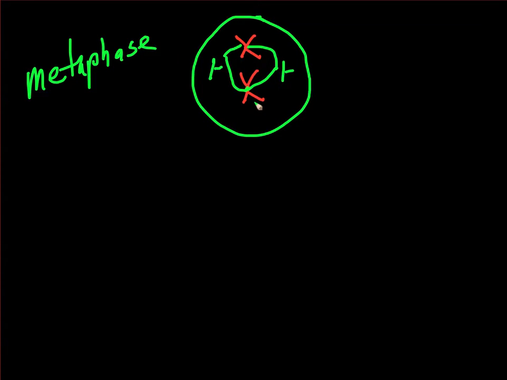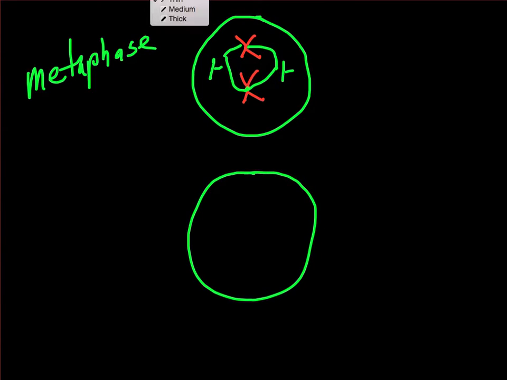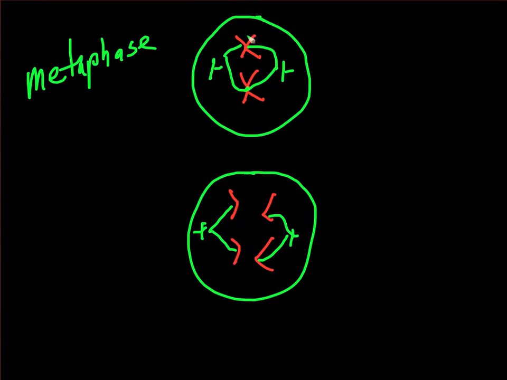Then the next step is they're going to pull so hard that these sister chromatids are going to break apart. And we're going to be here. Now if you could see what's happening here, you're getting genetic material on opposite sides of the cell.